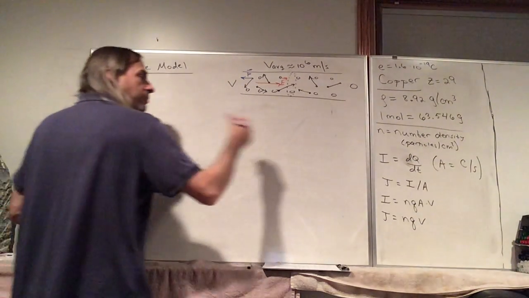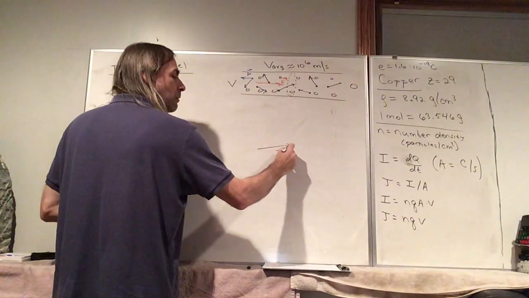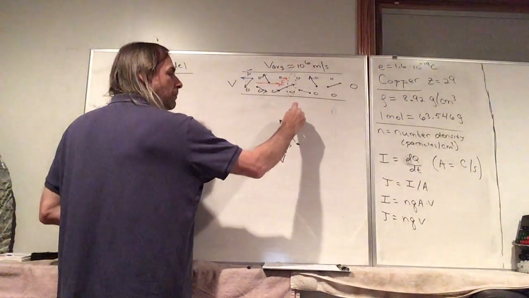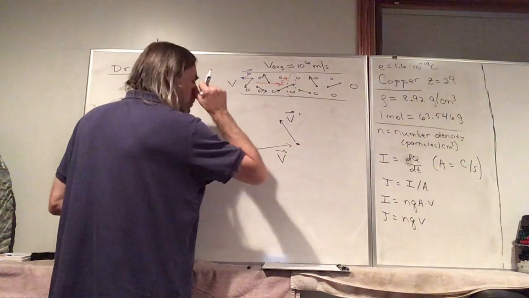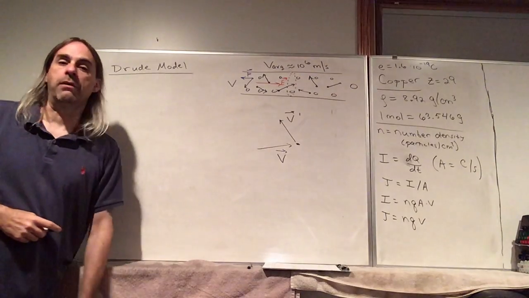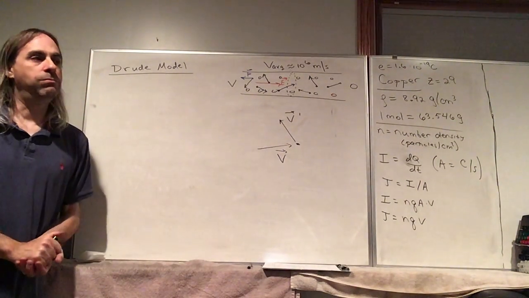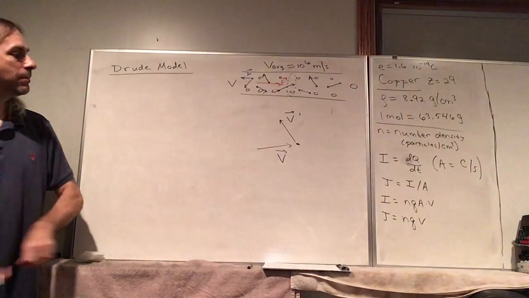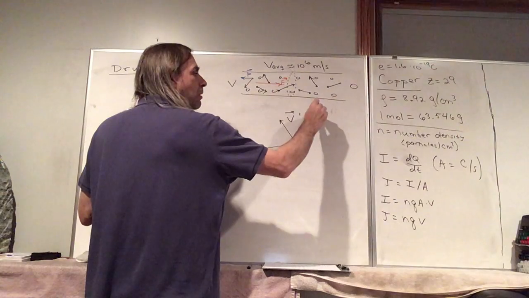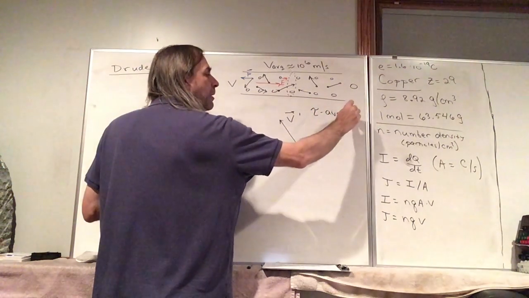Let's say our electron was doing this before, and then it's going to hit an atom and bounce off. And then of course it's going to hit another atom, and then another one. And we're going to define tau, this Greek letter tau, to be the average time between collisions.